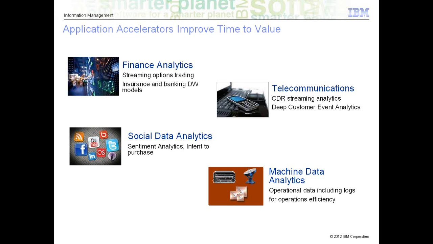Now, I was talking about financial reporting and other things. We have some things in the space of financial analytics. One is based on stream computing: how fast can I analyze stock trades to figure out whether something is going up or down.